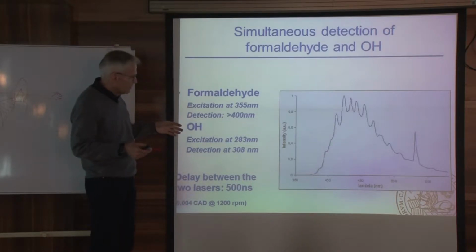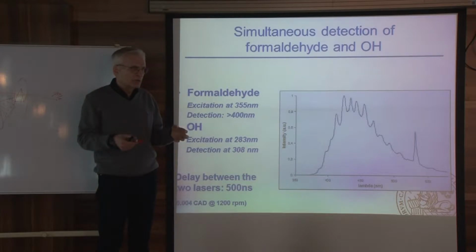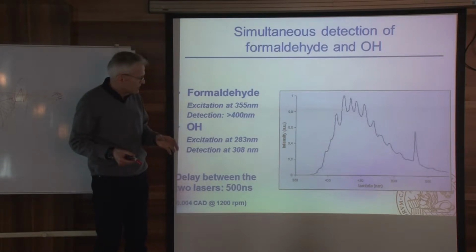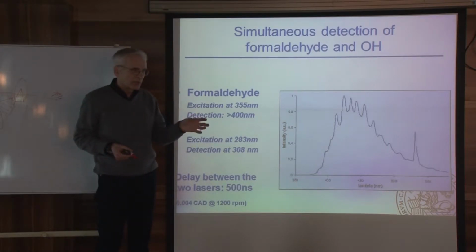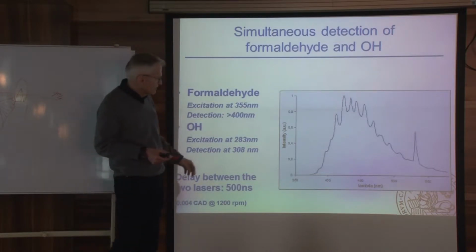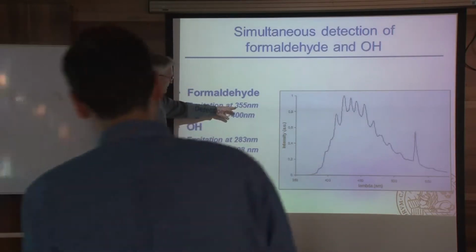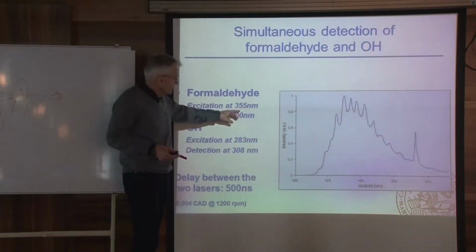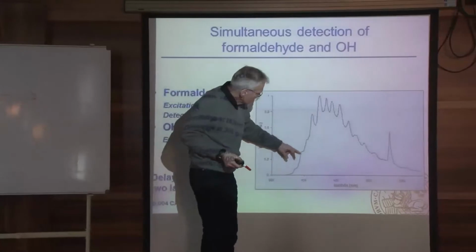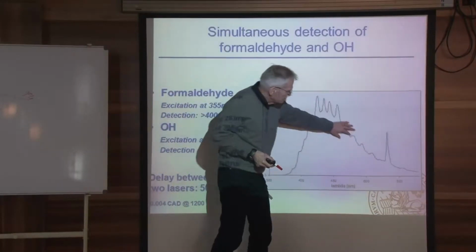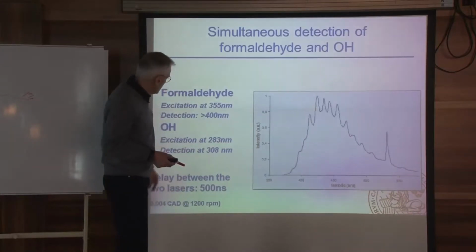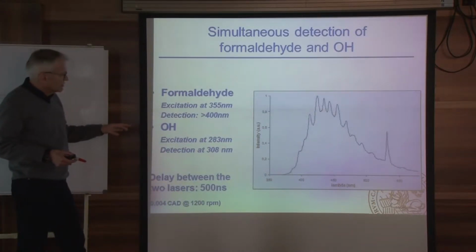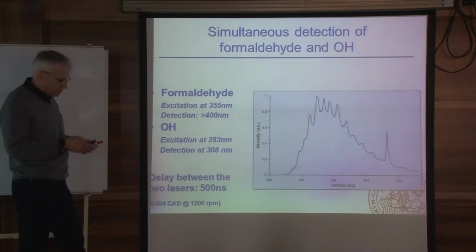As I said before, we have to understand what the spectroscopy looks like, where to excite, what the emission looks like, and what kind of optical filter we need. So when we use an excitation wavelength of 355 nanometers, we see that the spectra look like this. That is the base for trying to understand as well as possible how the technique would work in an engine.